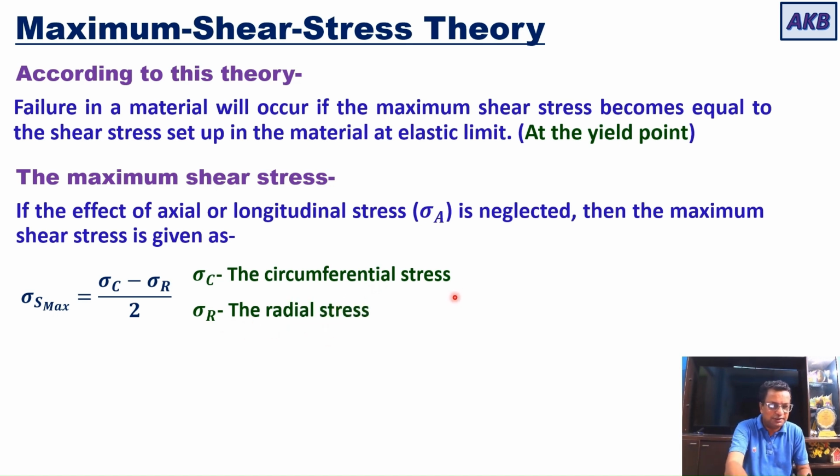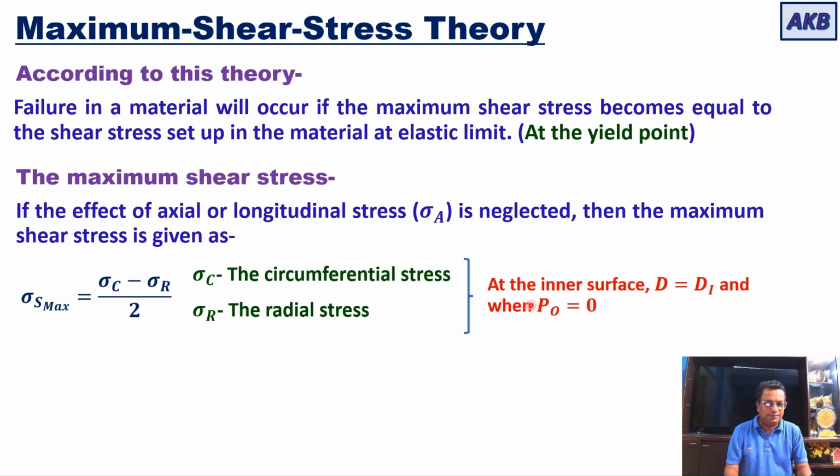And these stresses will be evaluated at the inner surface of a cylindrical vessel, that is at the inner diameter. And for almost all high pressure vessels, external pressure is 0.